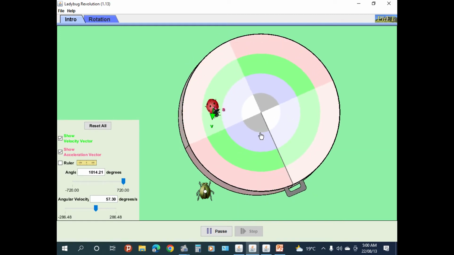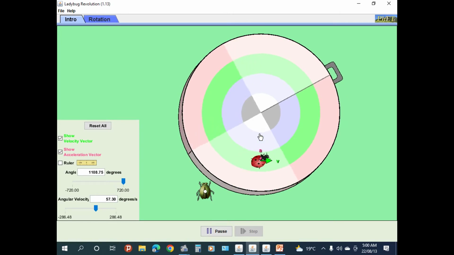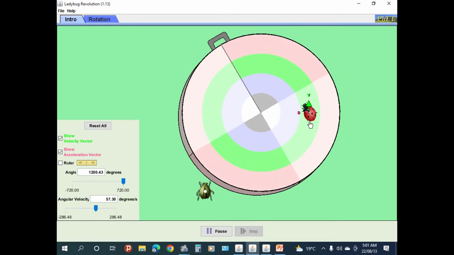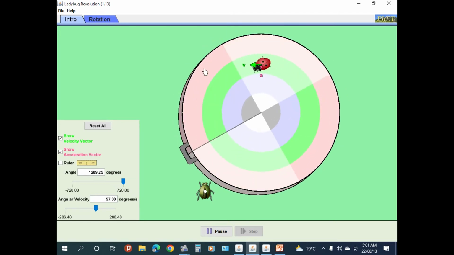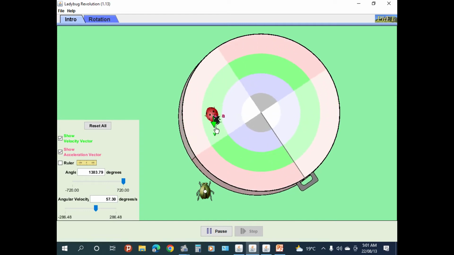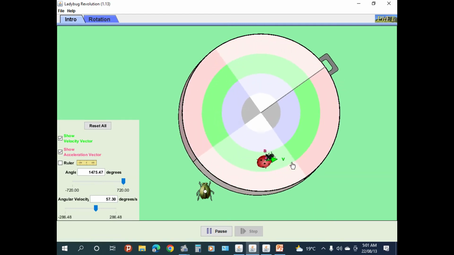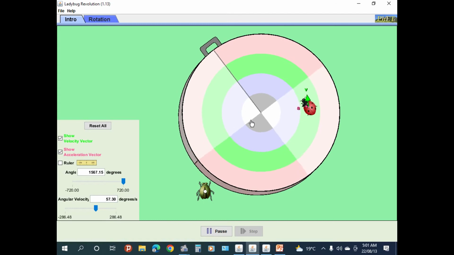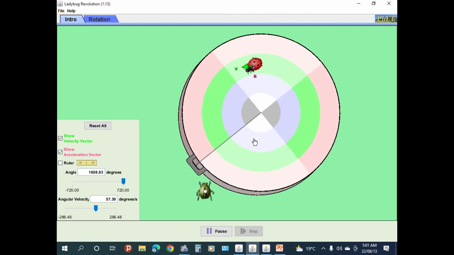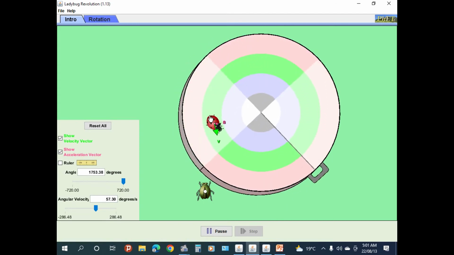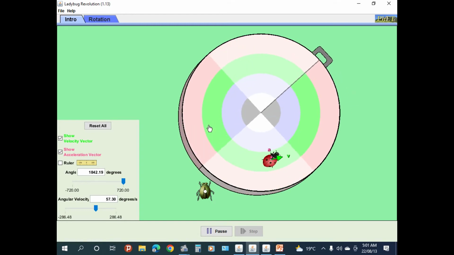This is the angular velocity. Here is the tangential velocity, which is perpendicular to the radius.